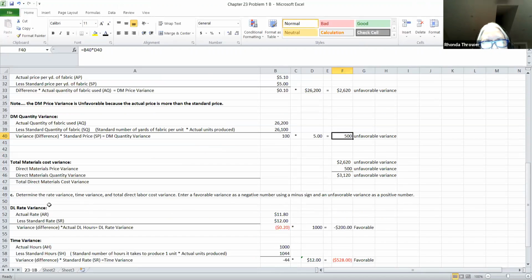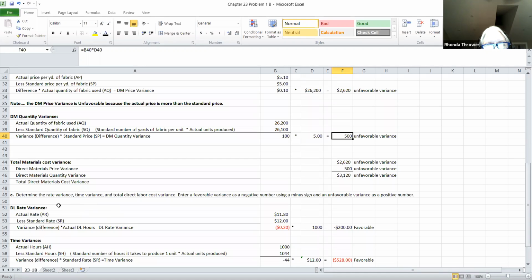In part C, we're going to determine the rate variance. The rate variance has to do with the labor. These are labor variances that we're going to be doing in part C. Labor variances are broken down into direct labor rate variances, and they're also based on time variances.